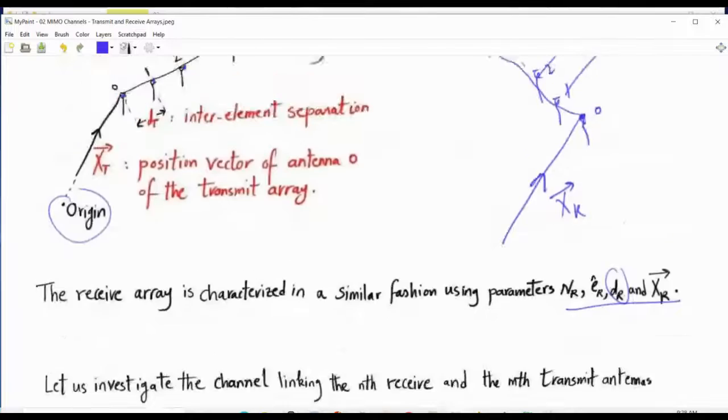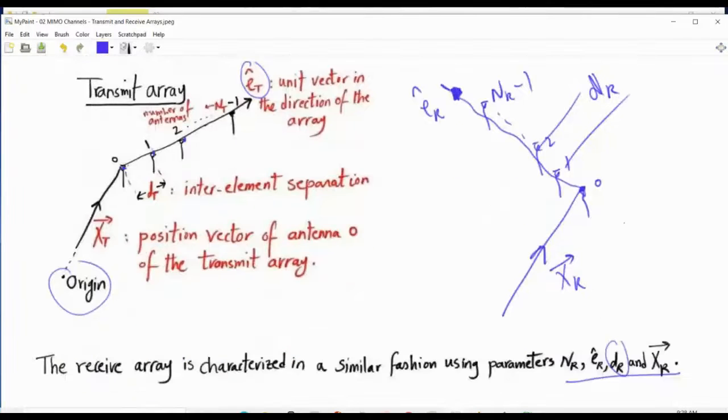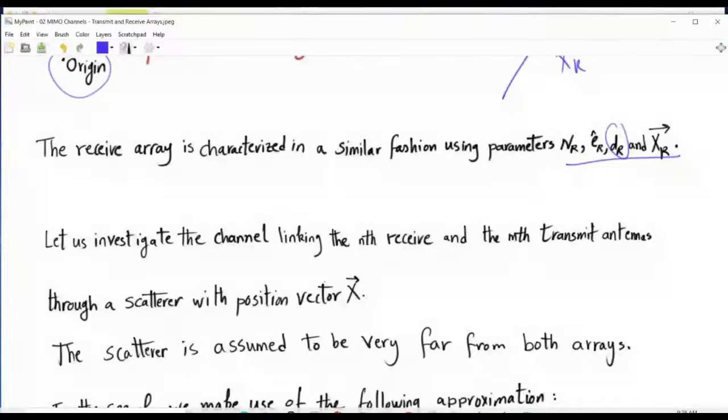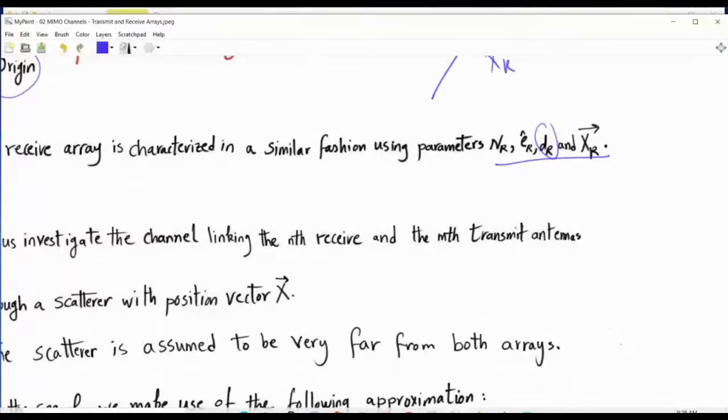Okay, let's focus on the channel connecting the nth receive antenna and the nth transmit antenna through a scatterer at x. Okay, so here is the nth transmit antenna.